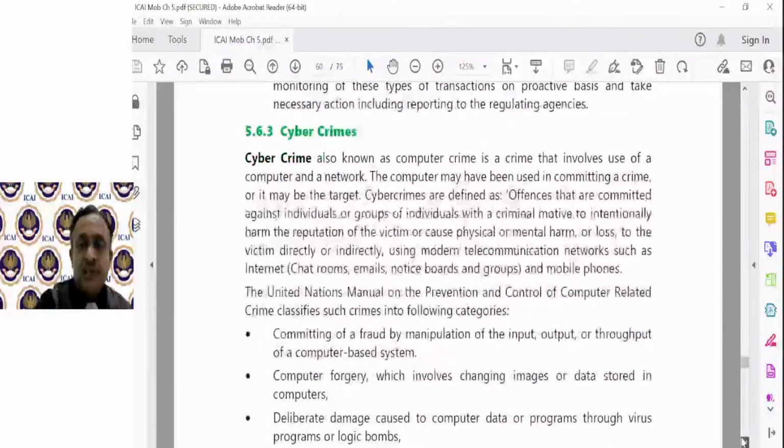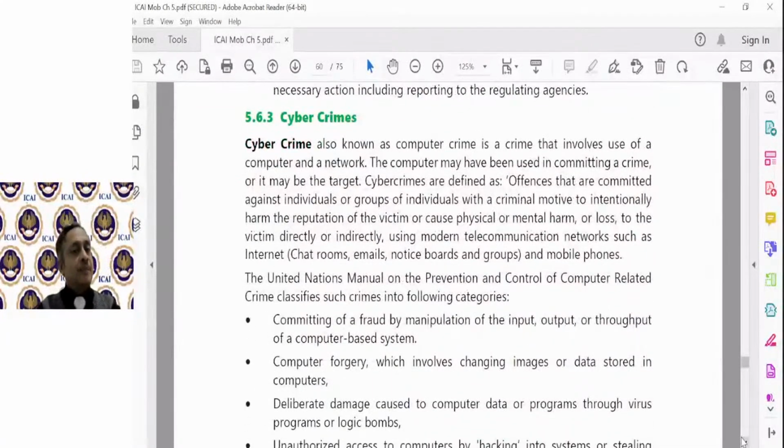The next very important topic is cyber crimes. Now, see, Information Technology Act 2000, as amended by 2008, it's part of the syllabus. Lot of discussion we had in our discussion, lot is there in other modules also, we have read it. So what exactly is cyber crime? Any crime that is done through use of technology is cyber crime.